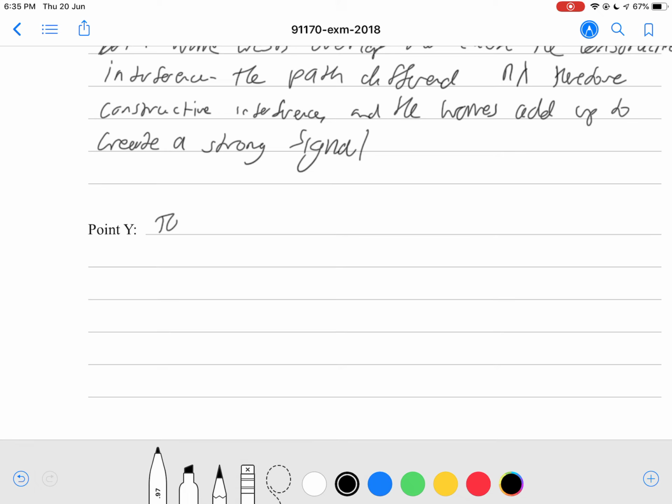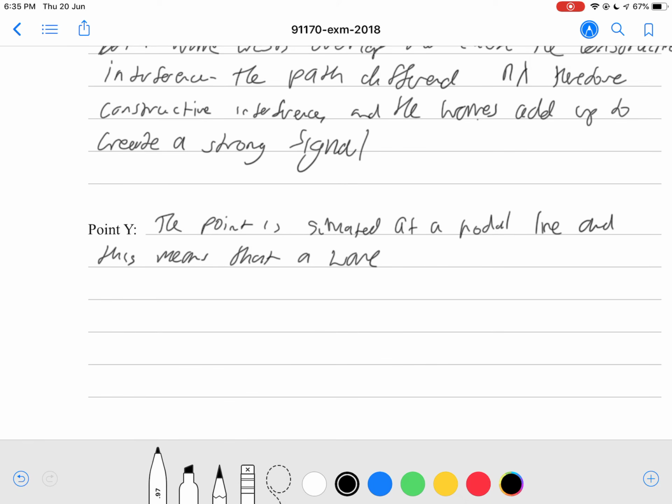At point Y, the point Y is situated at a nodal line, and this means that a wave crest is meeting with a wave trough from the other source.